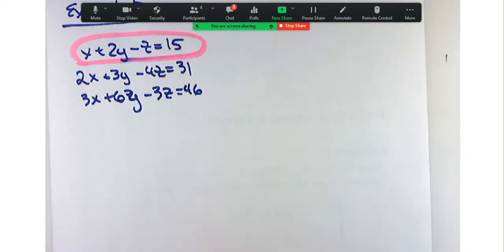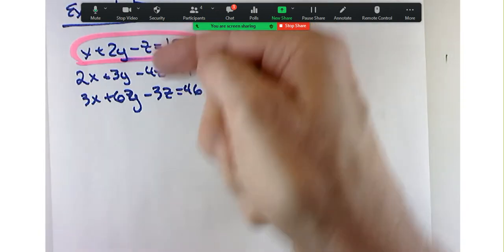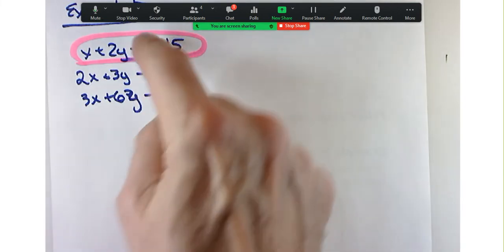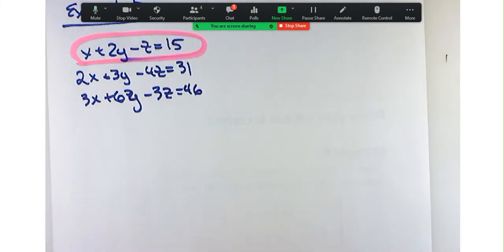Doesn't matter which one you do. Part of me feels that we should probably eliminate the z just for variety and just to show you something else, but it's going to mean slightly bigger numbers. It's up to you. Want to get rid of the x's or the z's? Sam? X's? All right, we'll go with the x's.